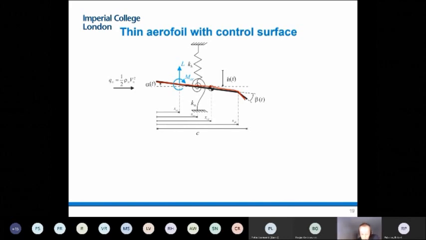And as before, I'm going to put that airfoil on two springs, one spring for vertical displacements, the plunge degree of freedom, and one for the torsional displacements, the pitch degree of freedom. I will equally have a mass now because I'm going to consider the situation in which I have motions, dynamics of this system.